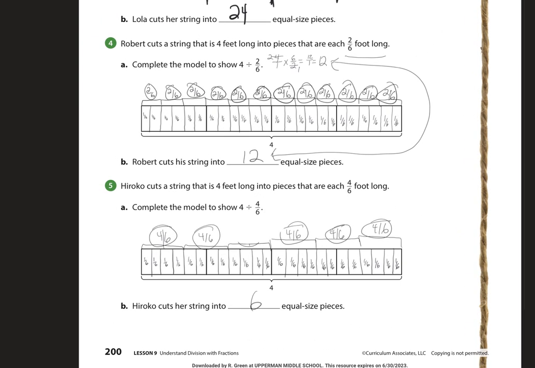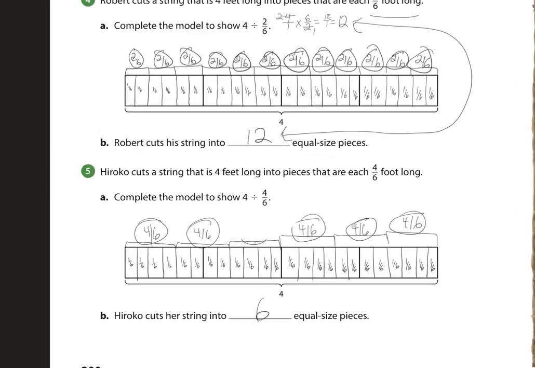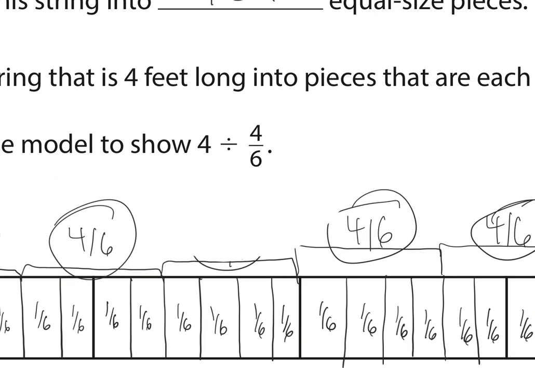Again, I want to check myself to make sure that my 6 that I got is correct. So I'm going to come back to the original problem. 4 divided by 4/6. I'm going to change, flip. Keep the 4 over 1. Change the division to multiplication. And then flip the 4/6 to 6/4.